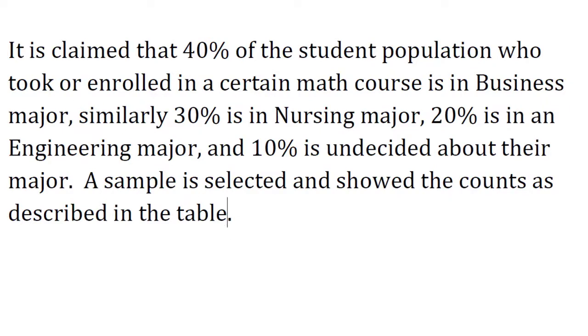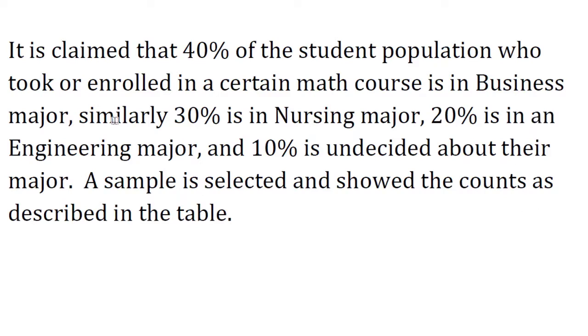Alright, so let's spend some time reading the wording description of this problem that was brought up here with us. So it is claimed that 40% of the student population who took or enrolled in a certain math course is in business major. Similarly, 30% is in nursing major and 20% is in an engineering major.